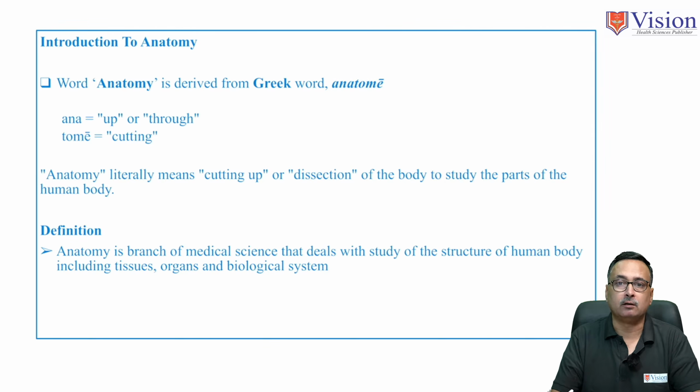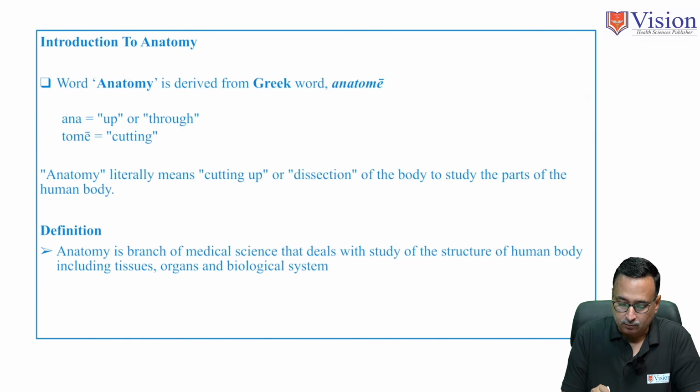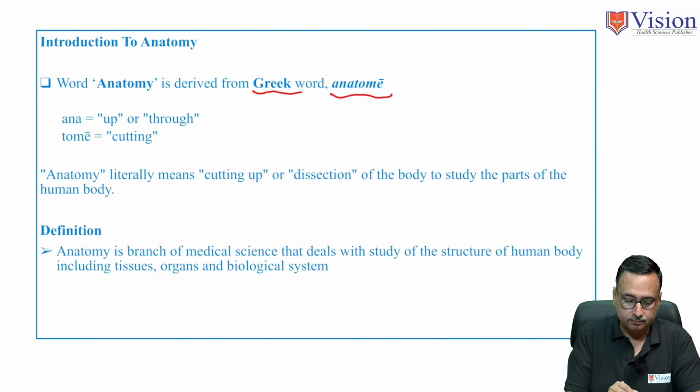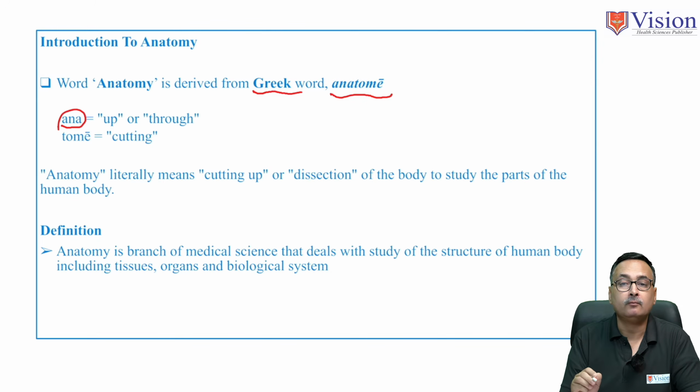We start with the introduction to the term anatomy. Anatomy is derived from a Greek word, anatome. Anatome is made up of two words, ana, that means through, and tome, that refers to cutting.